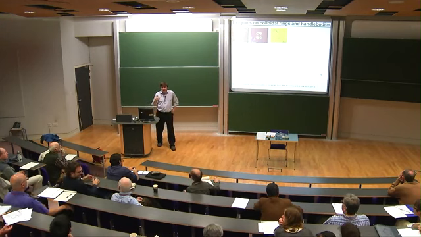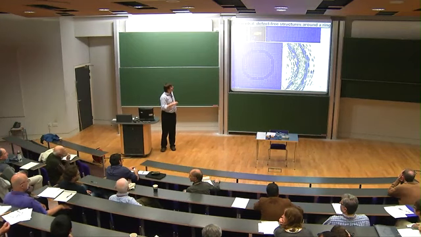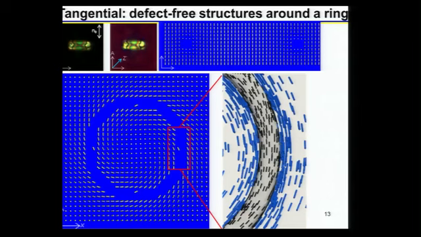So the answer is it's non-chiral, and the mechanism that generates this twist in here is to meet the boundary conditions, you produce a distortion that's defect-free. And so you have twisting on one side, untwisting on the other side. There is certain energetic cost corresponding to this type of deformation.